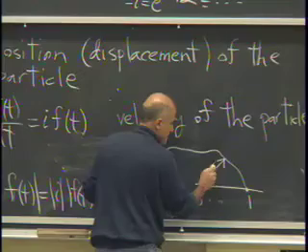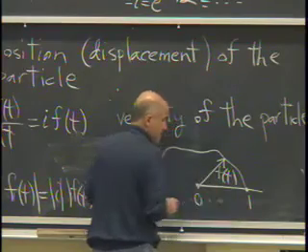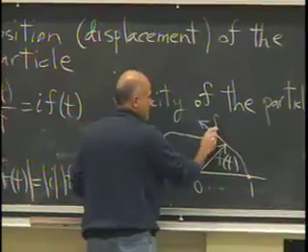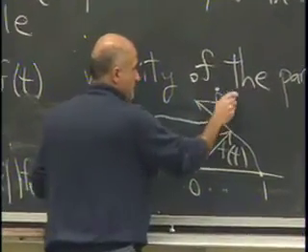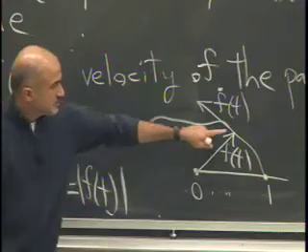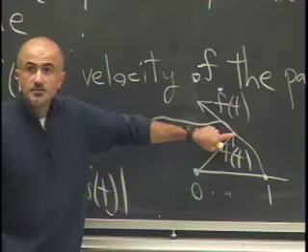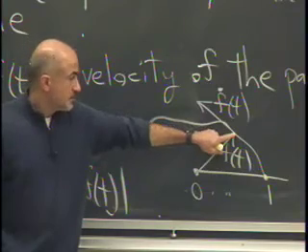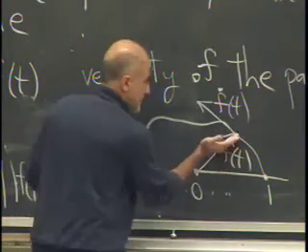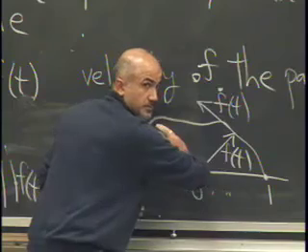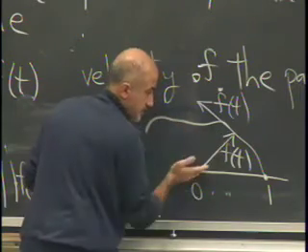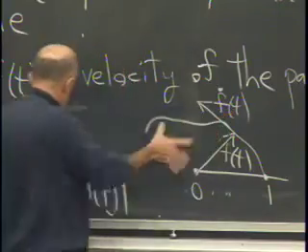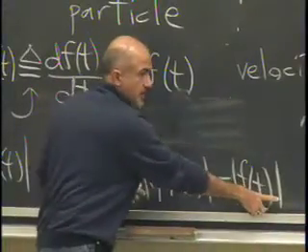At time t, this is f of t. And f dot of t is the tangent to the curve at that point. Its direction is 90 degrees counterclockwise from the direction of the position of the particle. And its magnitude, its length, is exactly equal to the length of the displacement.